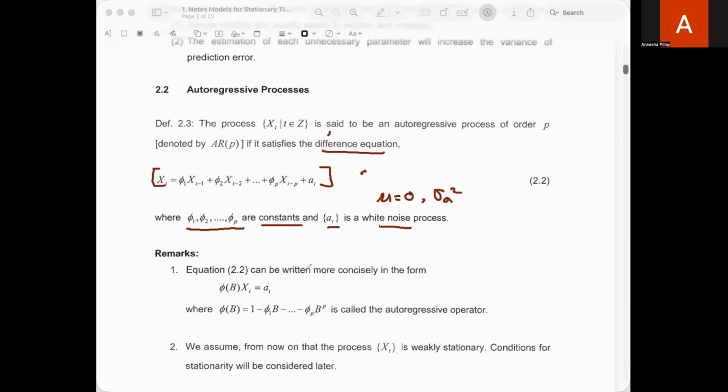Now, for example, if I'm looking at the AR1 model, x_t is equal to phi 1 x_{t-1} plus a_t.